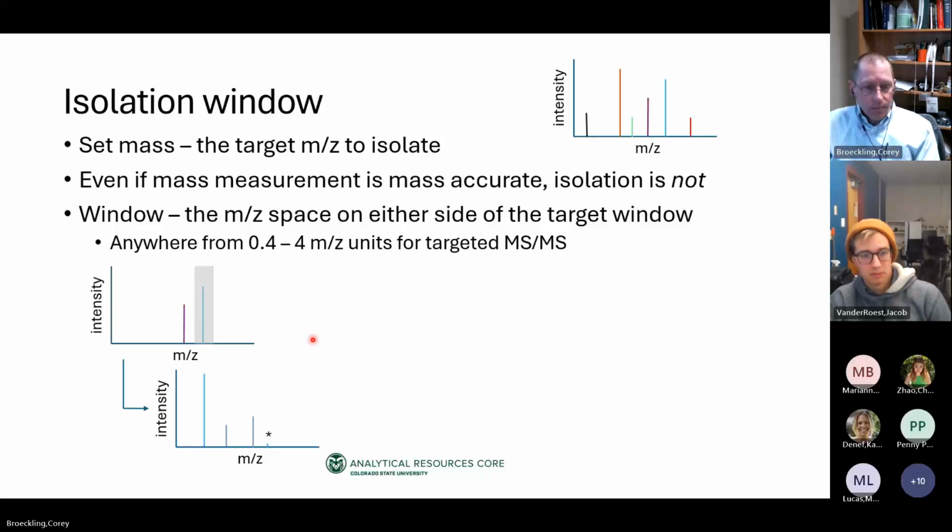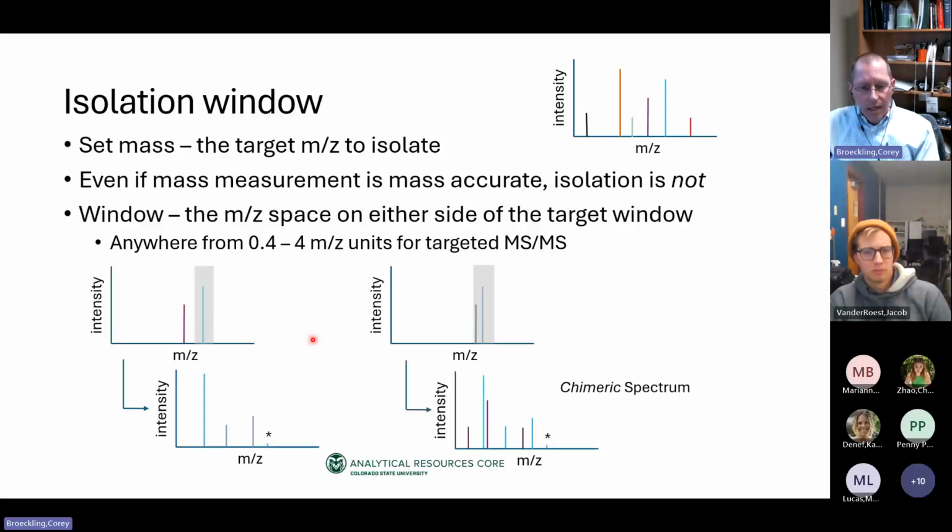However, if our two masses fall within the isolation window, so even if we trigger on the blue mass, the isolation window is wide enough that we get the purple ion transmitted through the quadrupole as well. That means we're also going to fragment the purple ion, and the product ion spectrum is going to contain signals from both the blue and the purple precursor.